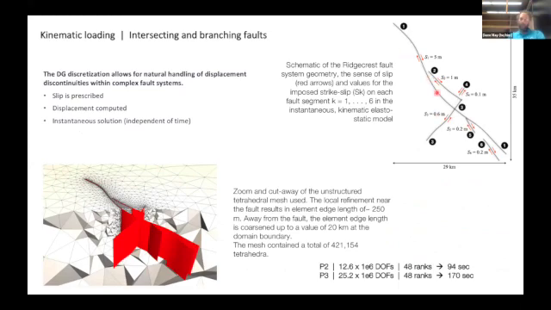We take the Ridgecrest fault system, or some idealization of it, and we impose slip on those fault segments that are indicated up here. I chose them by hand. So I prescribe the slip, and I compute the displacement based on that prescribed slip. So this is an instantaneous solution. It's independent of time. There's no friction law in this. It's purely kinematic, okay?